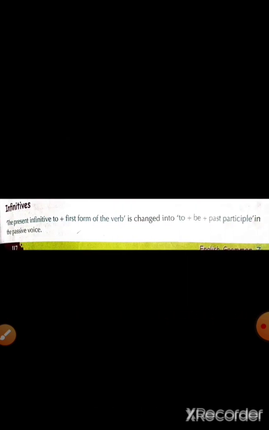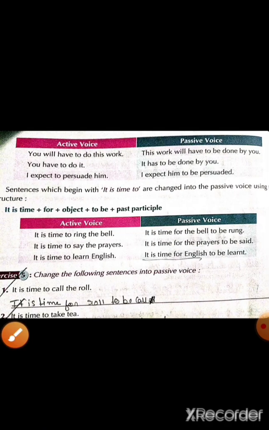For example, in case of infinitive, the present infinitive to plus the first form of the verb is changed to be plus participle in the passive voice. So for your easy understanding, we will discuss with the help of an example. For example, you will have to do this work.